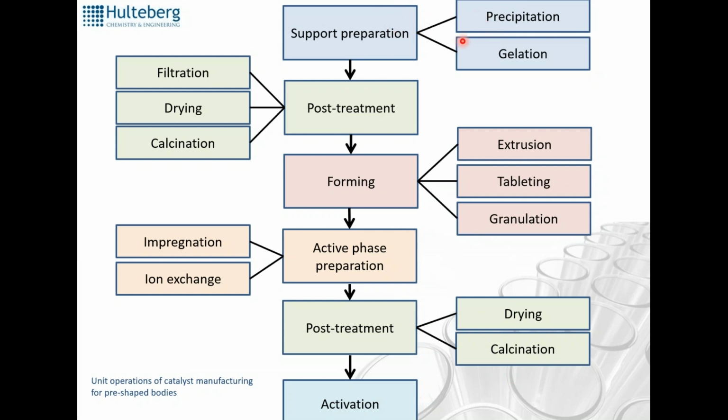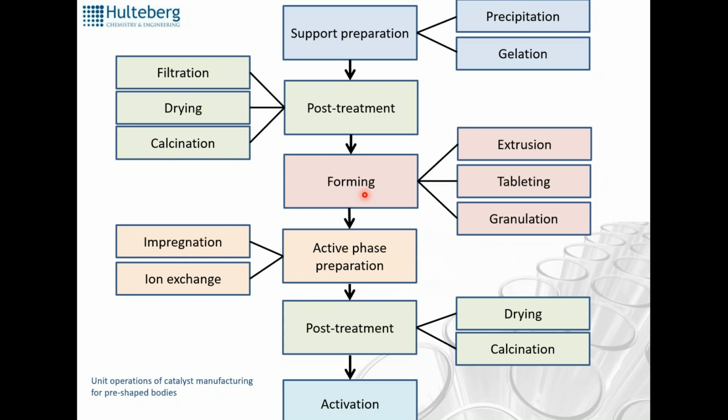With precipitation or gelation, we do the same post-treatment, filtering, drying, and calcination, and we need to do forming, so extrusion either into tablets or extrudates. We would normally not do monoliths at this stage because monoliths are done differently when we want to use them for pre-shaped body impregnation.